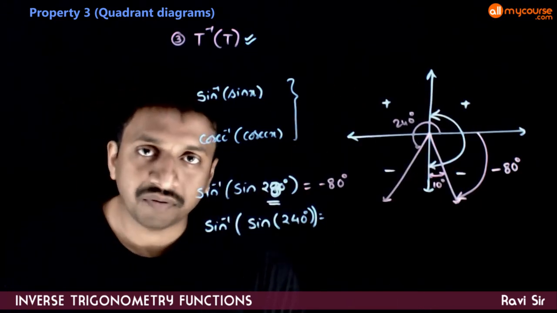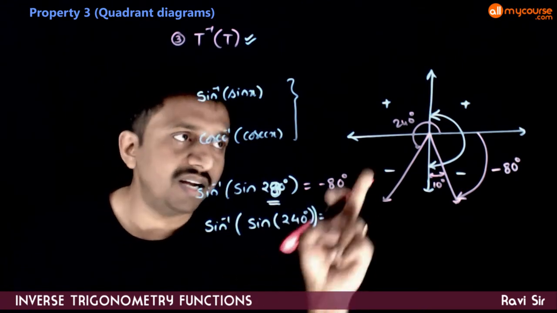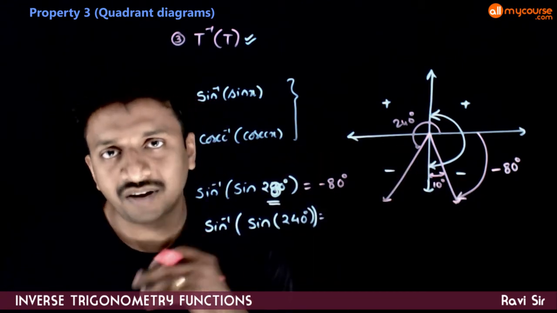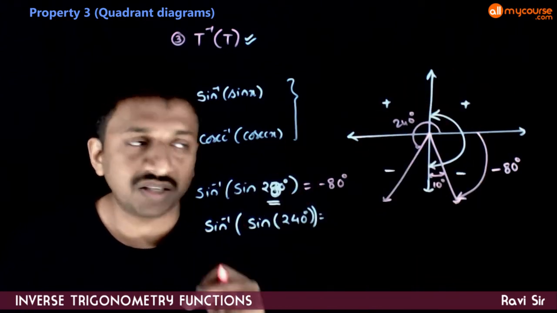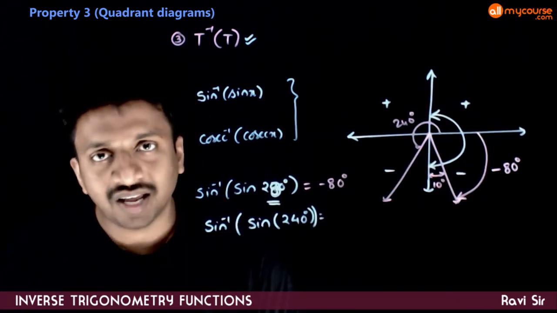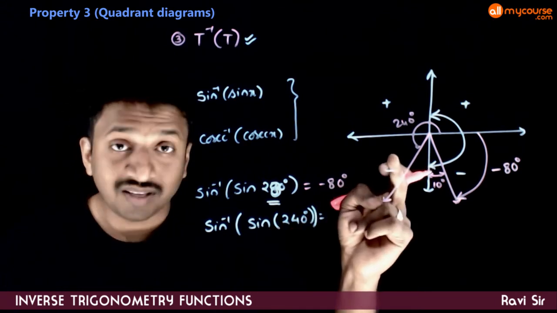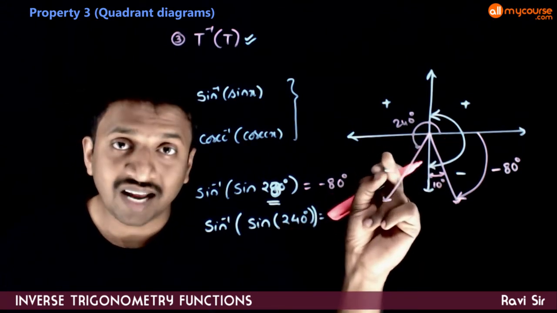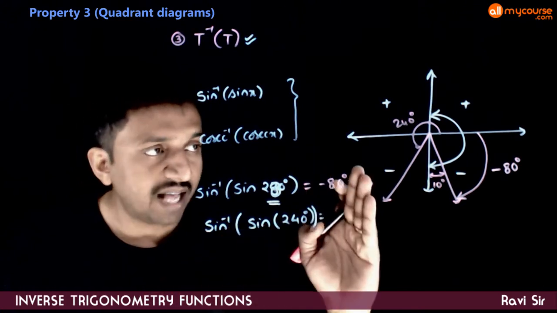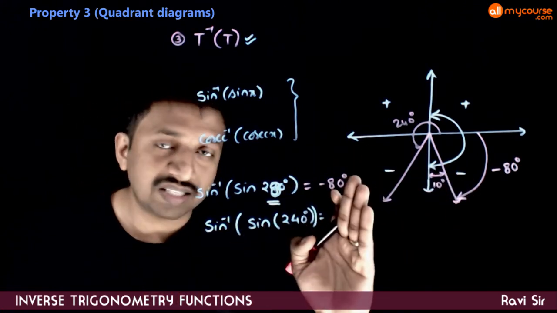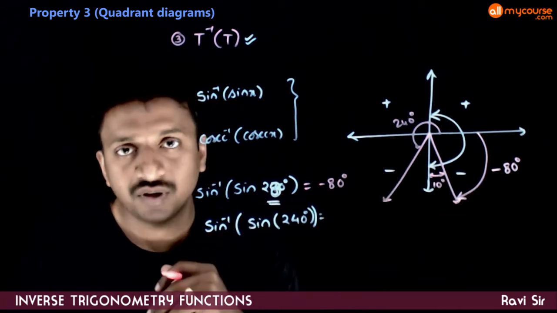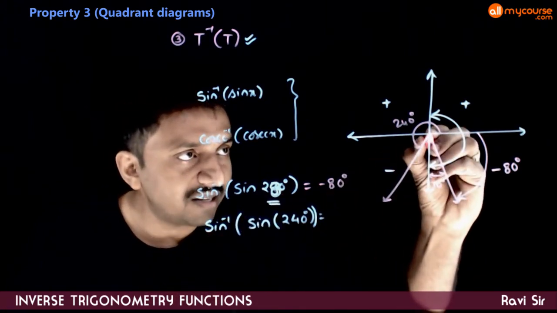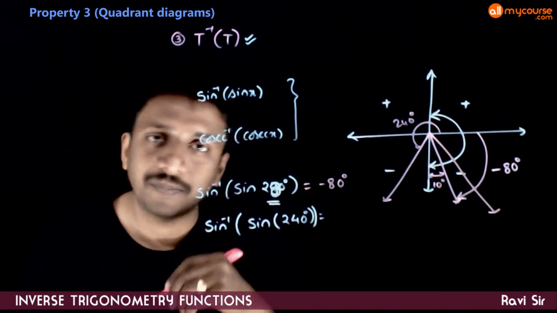So what you do now is, you bring this ray into this range by appropriate reflection. The positive side has to go to the positive side, the negative side has to go to the negative side. So this ray is on the negative side of sine, so it has to go to the negative side. So just reflect this ray onto the side corresponding to the negative side. If you reflect this ray, you get a ray like this.